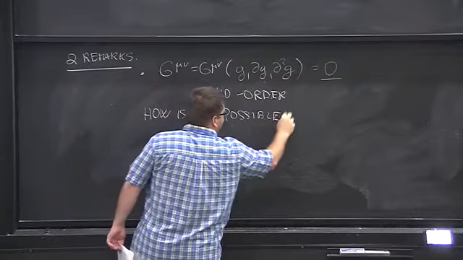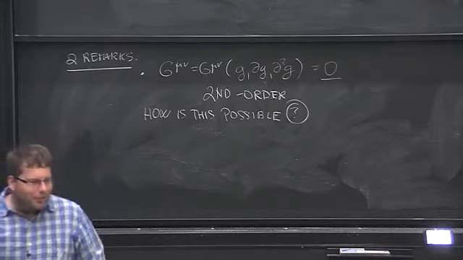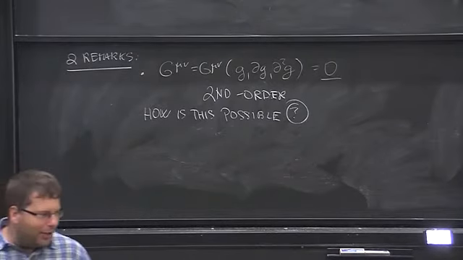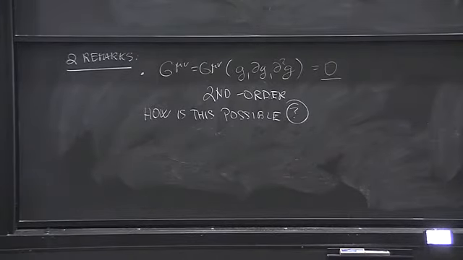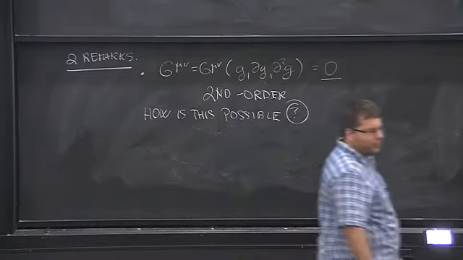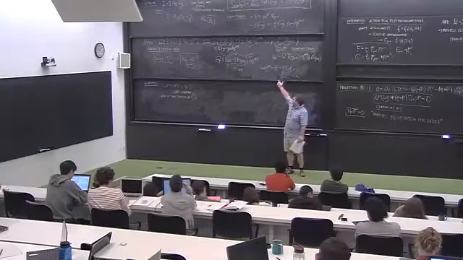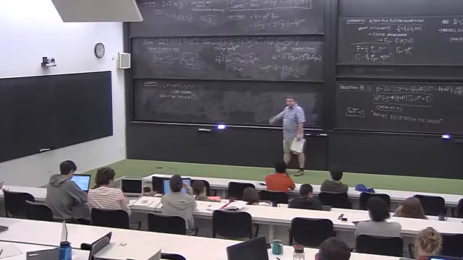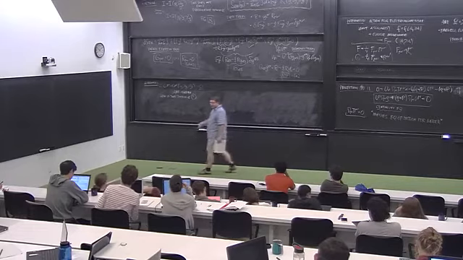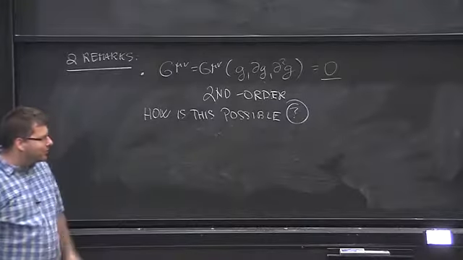You know from your classical physics course that if you start with an action which has q dot and q double dot, then your equations of motion will be fourth order, right? So we were supposed to get fourth order Einstein equations in the derivatives of the metric, but we didn't. Why is that?